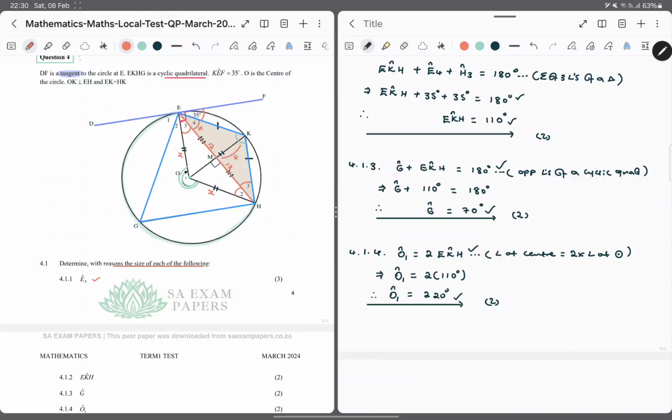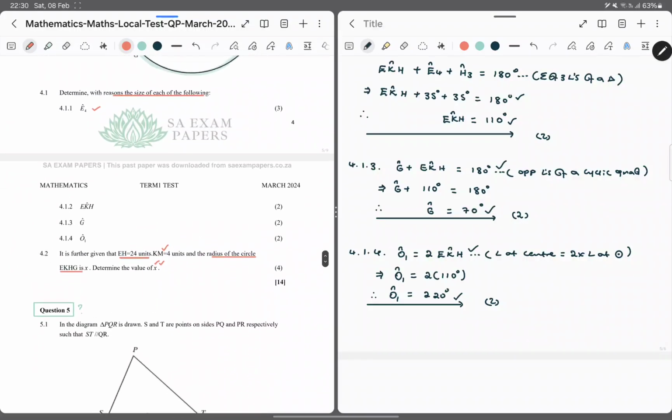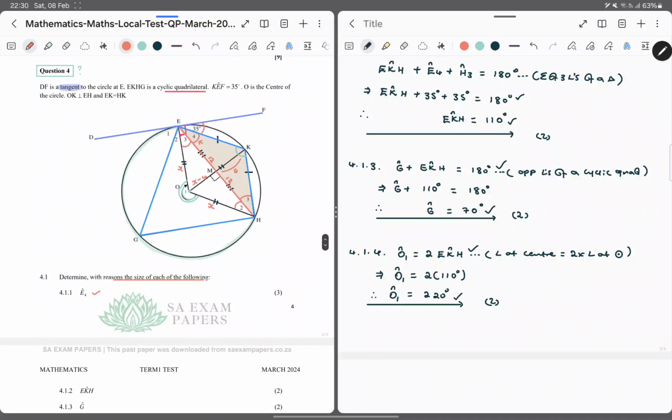That is x. And so is the entire radius OK. So if the radius is OK, it means this length here, OM, is going to be x minus 4, right? Very important. So these are things, guys, to master and to make sure you're perfect.